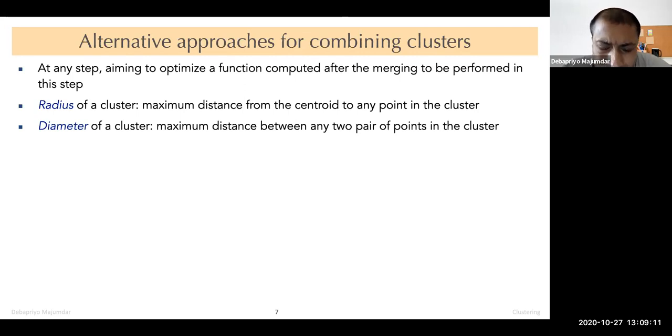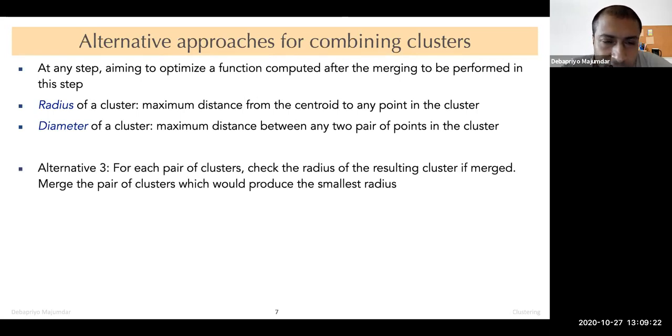Now, alternatively, radius and diameter can be used. They are similar concepts, but let's see how they are used. The third alternative, which belongs to this kind of approach, is for each pair of clusters, check the radius of the resulting cluster if those two are merged.